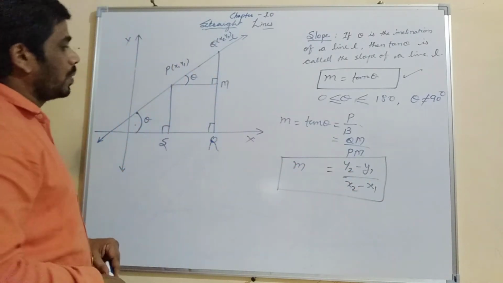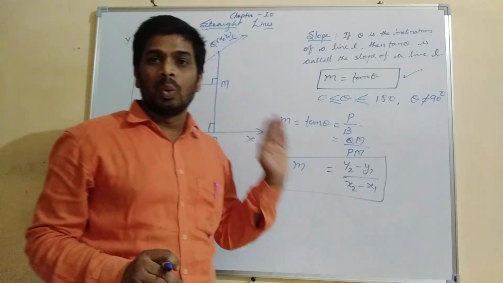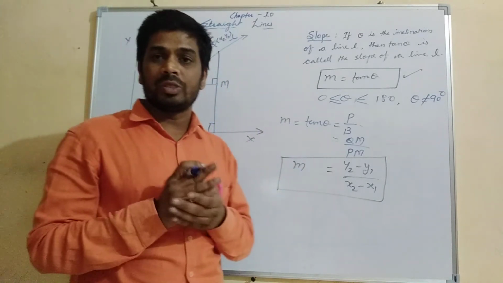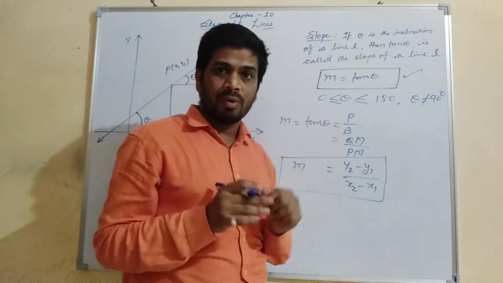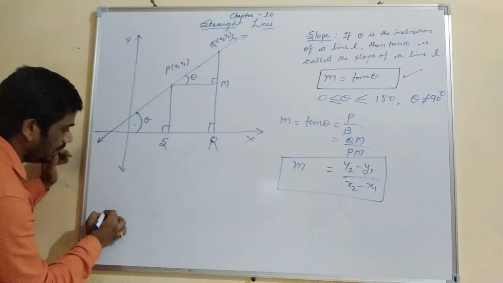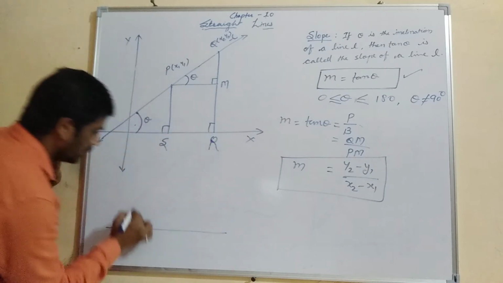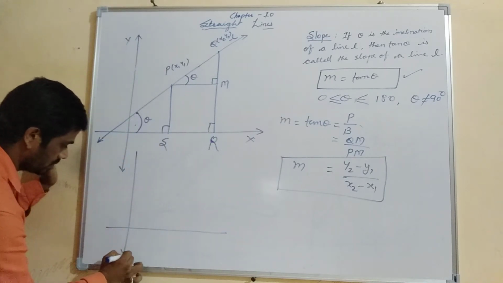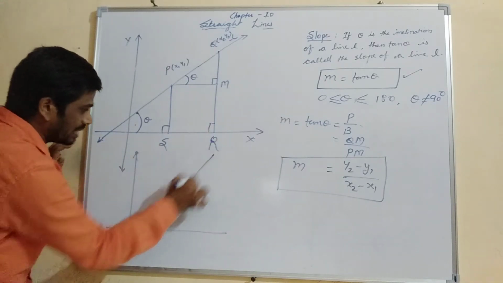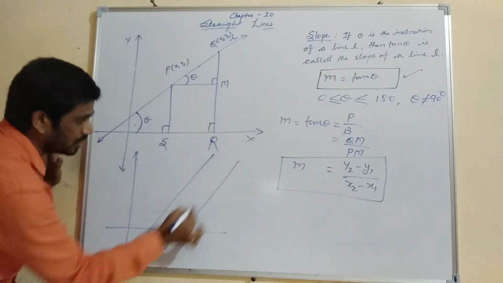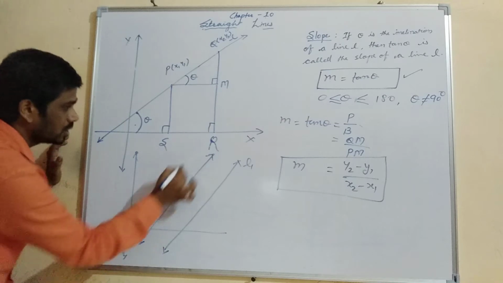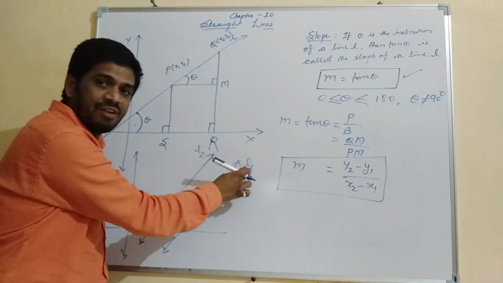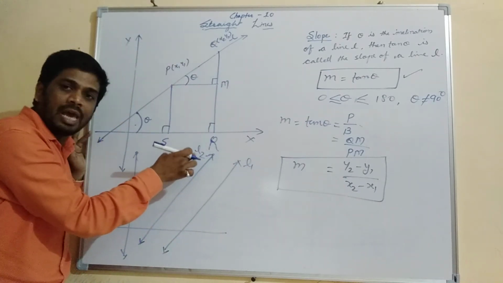Okay, now we will see the relation between 2 lines. When the 2 lines are parallel to each other, what will be the relation between their slopes? Suppose these are the 2 lines which are parallel to each other. Suppose this is L1, this is L2, its slope is M1, its slope is M2.